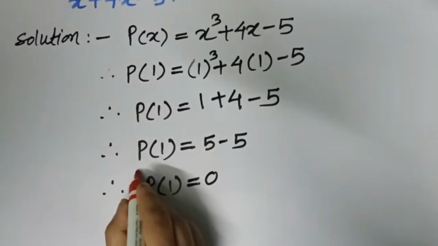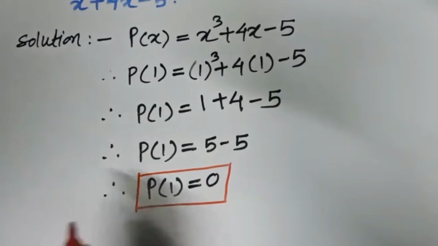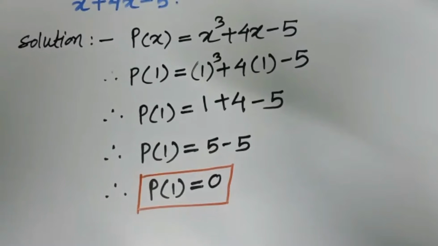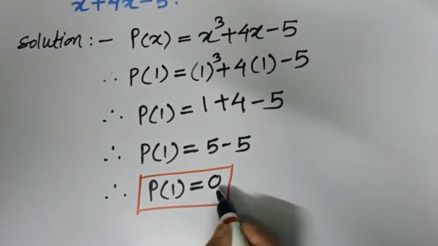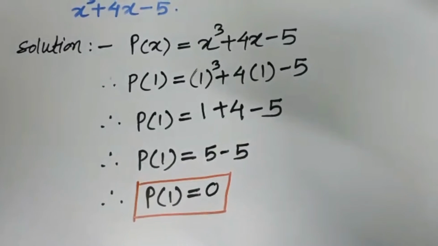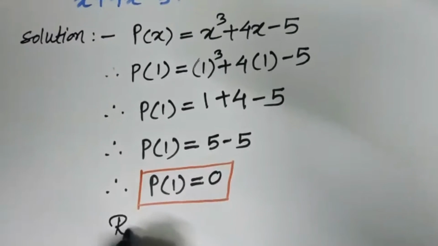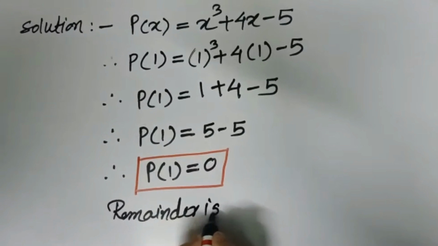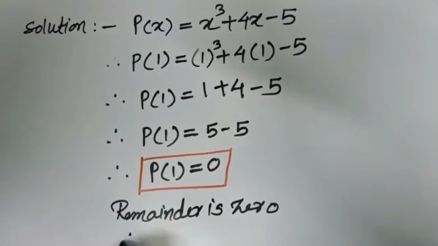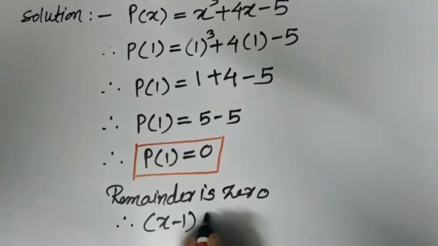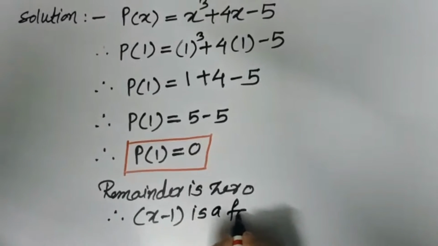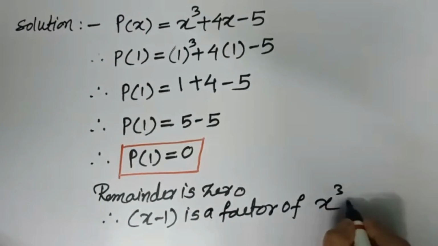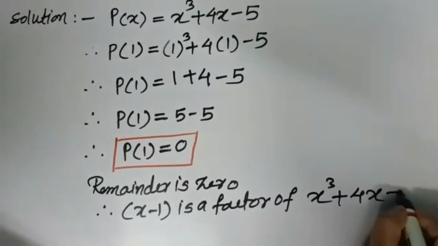The value of the polynomial is the same as the remainder of that polynomial after dividing by the divisor. The remainder is 0, and that's why we can say x minus 1 is a factor of the polynomial x cube plus 4x minus 5.